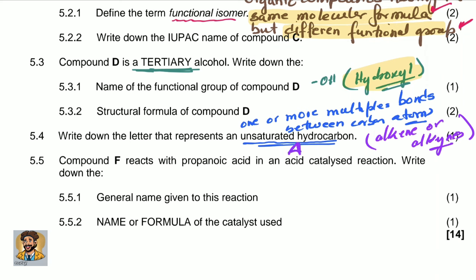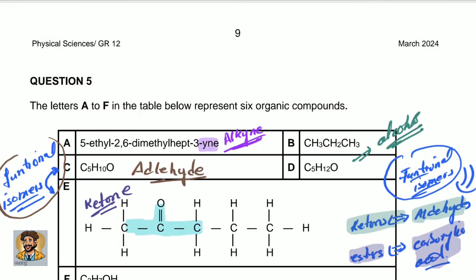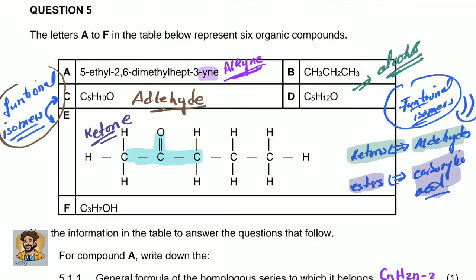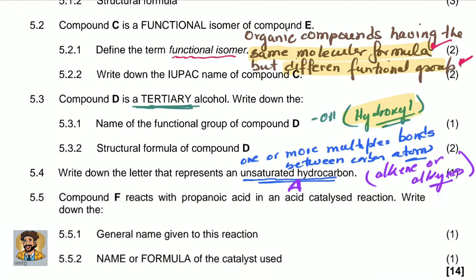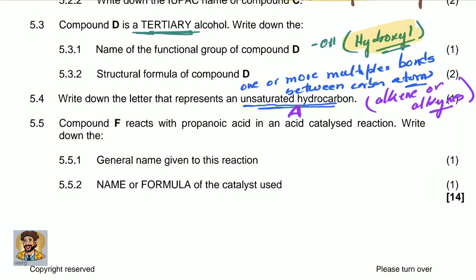Now, compound F reacts with propanoic acid in an acid catalyzed reaction. Now, compound F, remember, is an alcohol, and they say it's going to react with propanoic acid. Propanoic acid is a carboxylic acid. So we have the reaction between an alcohol and a carboxylic acid.